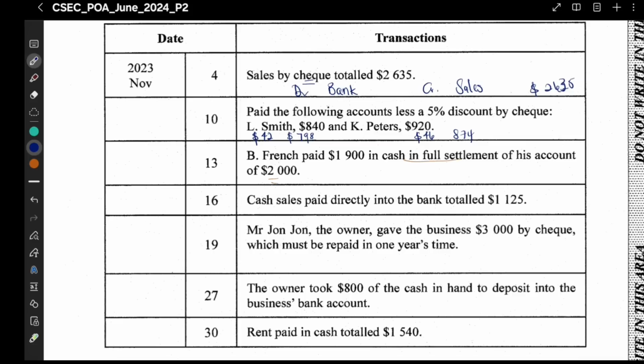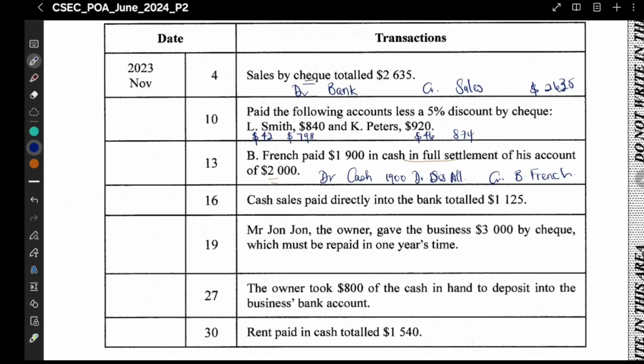So this is a discount allowed. Right, so you're gonna debit cash $1,900, and then you're gonna debit discount allowed, and you're gonna credit B French.